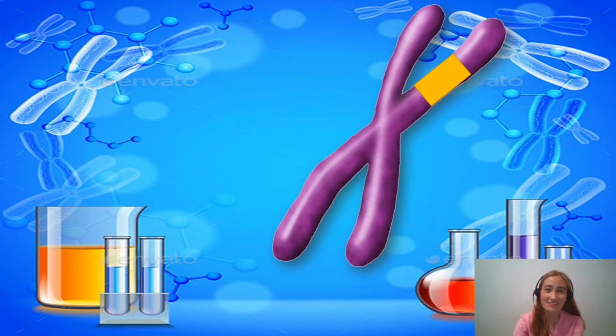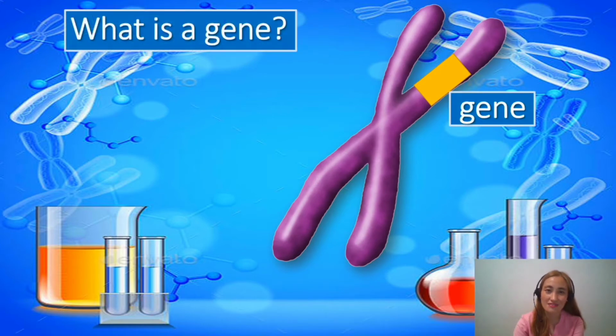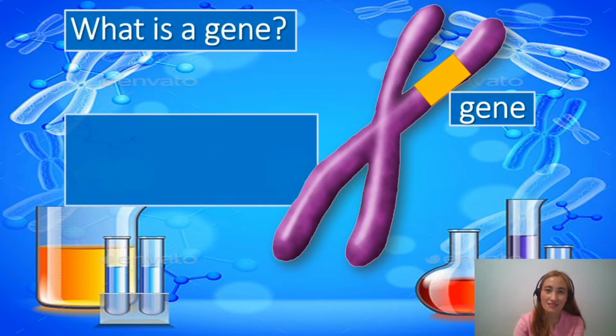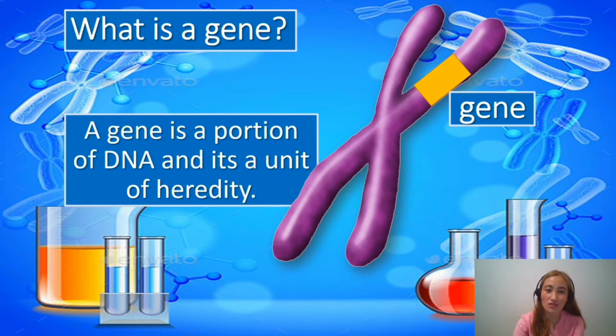What is it? It's a gene. So what is a gene? A gene is a portion of DNA and it's a unit of heredity, which is transferred from a parent to offspring and is held to determine some characteristics of the offspring.